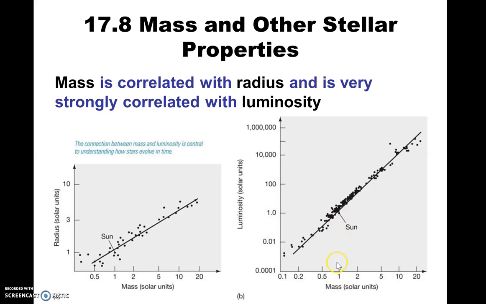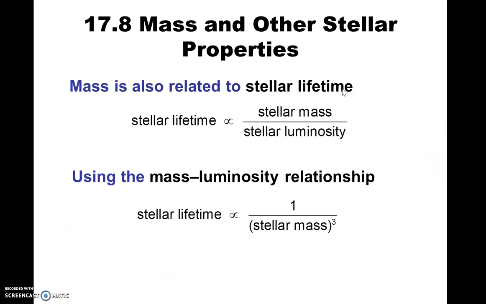For example, a luminosity of 1 would be our sun. So if you have something that's 100 times more luminous than the sun, and you draw a straight line down here, you find that these things are about 2 times the mass of the sun, or maybe a little bit more, 2.5 or 3 times. All right, and by the way, this is for main sequence stars. It's really important to understand that these relationships exist for main sequence stars.